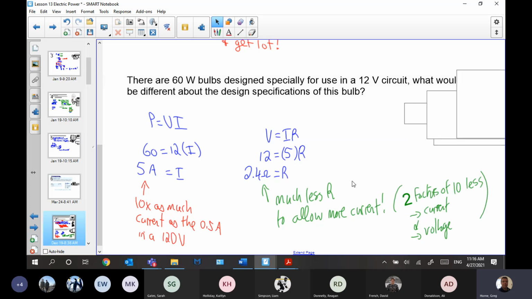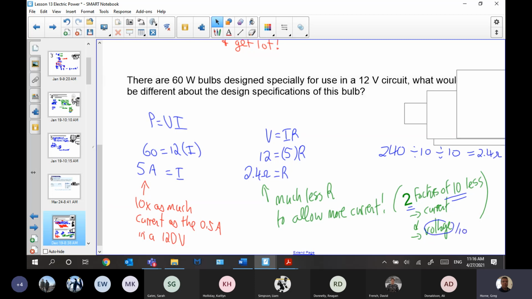So notice this resistance here, instead of being 240, right? 240 divided by 10 again, we're ending up with 2.4 ohms. There's a double, there are 2 factors of 10 less in this, because we have 10 times less.